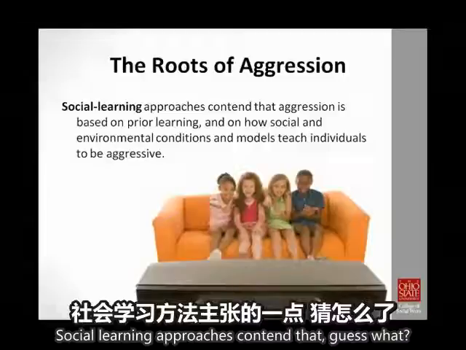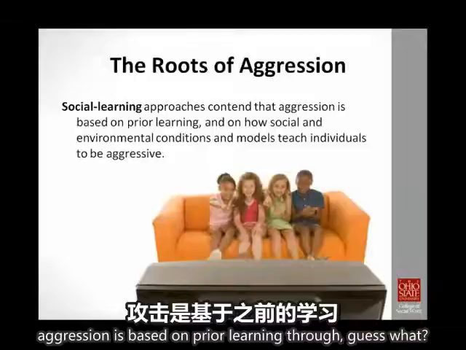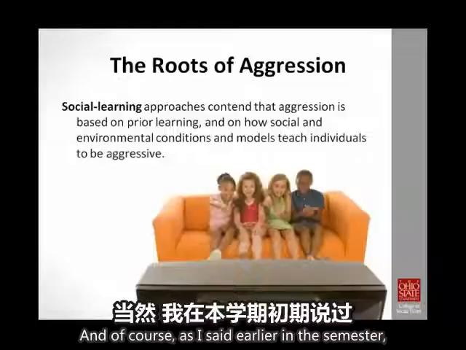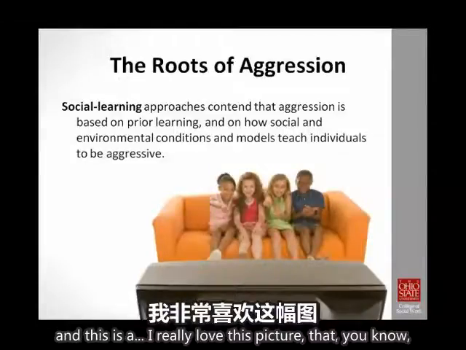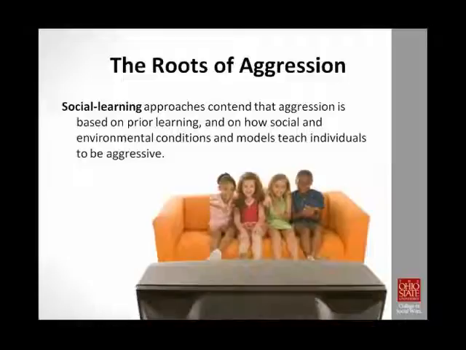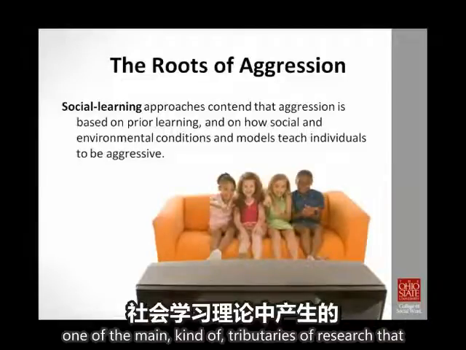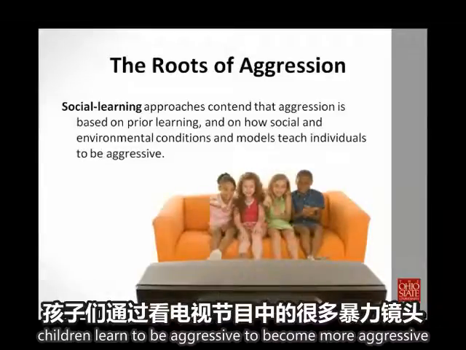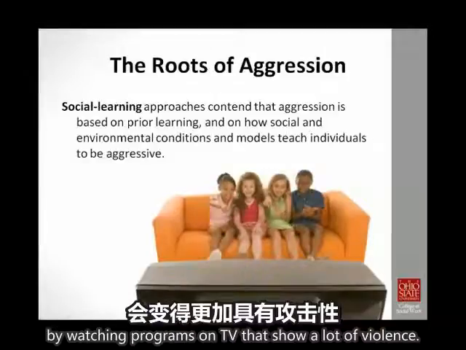Social learning approaches contend that, guess what? Aggression is based on prior learning through, guess what? Observation, reinforcement, role modeling, etc. And of course, as I said earlier in the semester, and I really love this picture, one of the main tributaries of research that came out of social learning theory was this notion that children learn to be aggressive or become more aggressive by watching programs on TV that show a lot of violence.